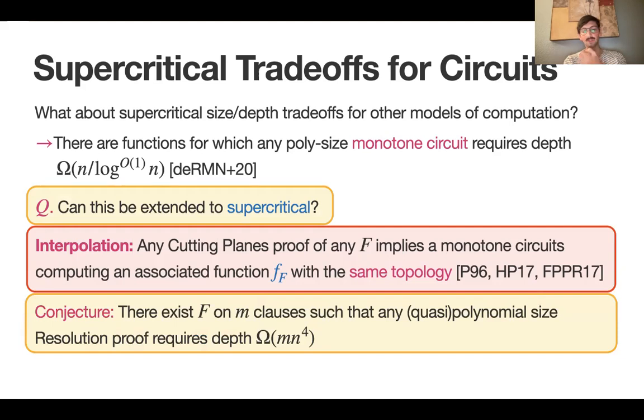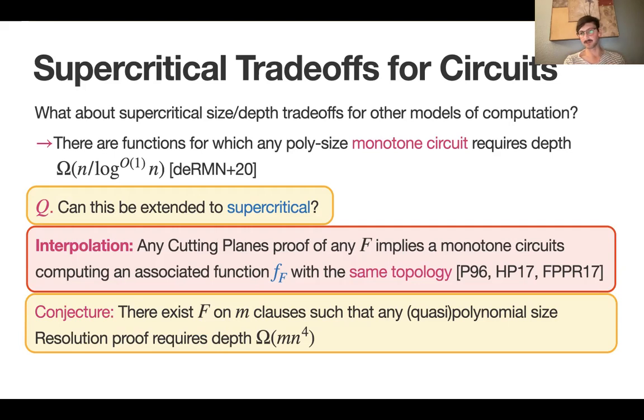So in particular, using the current lifting theorem from resolution to cutting planes of GGKS, in order to obtain a supercritical size depth trade-off for monotone circuits using interpolation, we would require that the following conjecture is true, which states that there's a CNF formula on m clauses such that any, say, quasi-polynomial size resolution proof requires depth which is at least m times n to the 4.